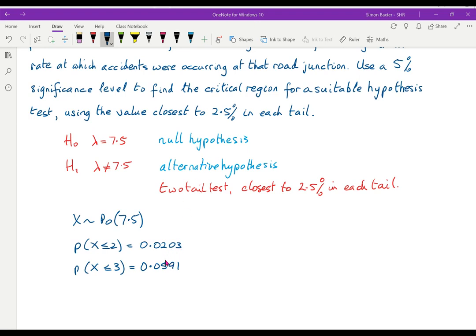One of these two must be the closest. That one, the top one, is the closest to 2.5%. So my critical value is X equals 2. That's the lower critical value.